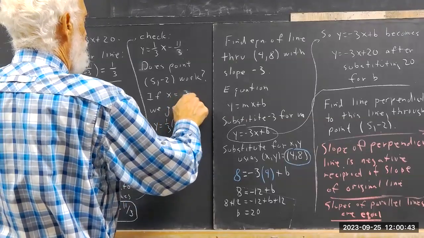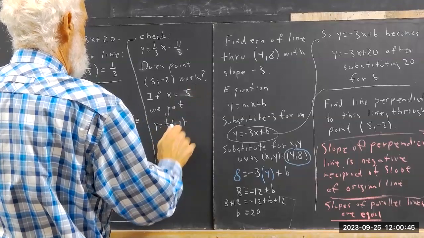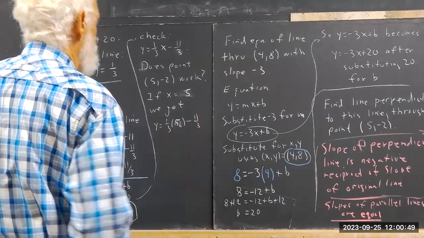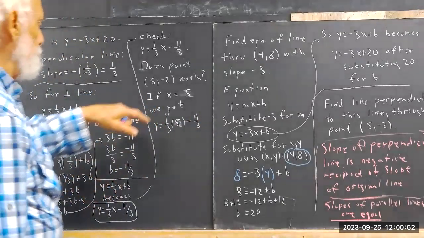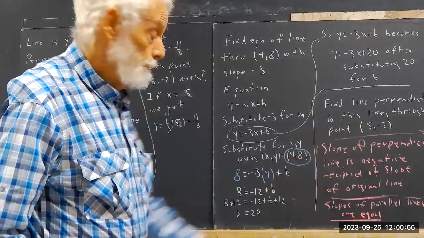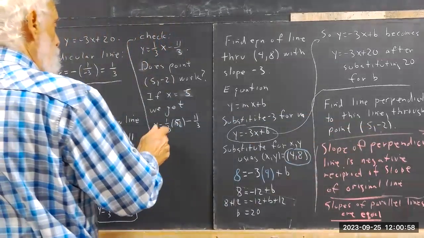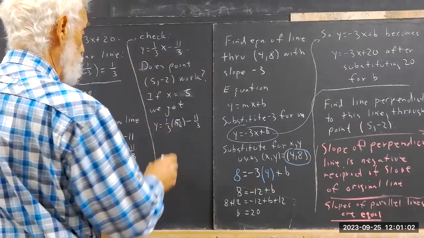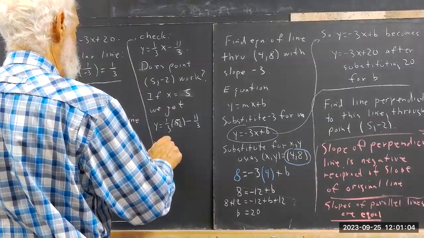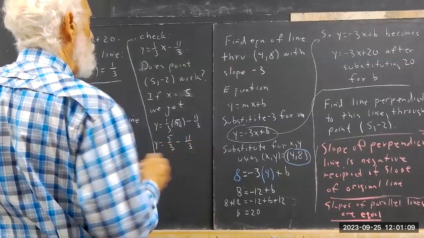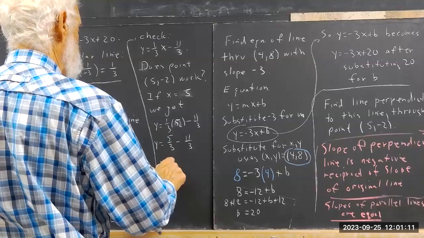X is 5, not -2. I'm just writing these steps out. We plug in x equals 5 and see if we get y equals -2. We plug in x equals 5, then x becomes 5. We get this equation. So y is 5/3 minus 11/3.